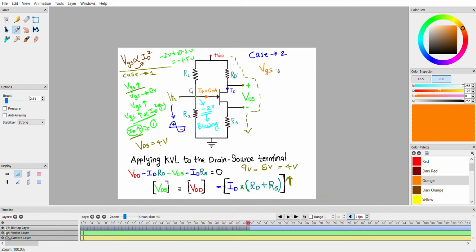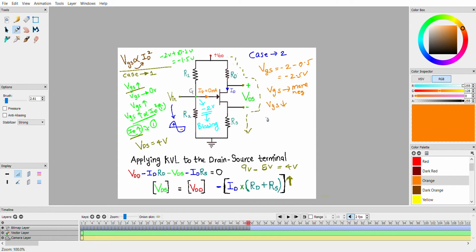Earlier our VGS was minus 2 volts. Now, due to the introduction of this negative sine wave, let's say the value of the sine wave is minus 0.5 volts. So minus 2 minus 0.5 volts is equal to minus 2.5 volts. So our VGS is becoming more negative, so I can say that my VGS is decreasing now.